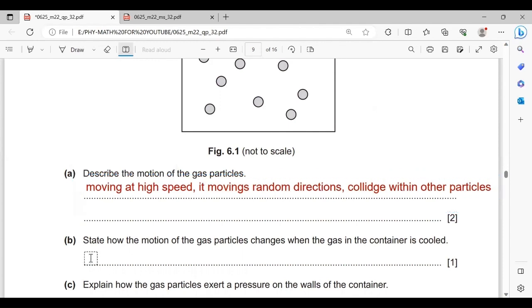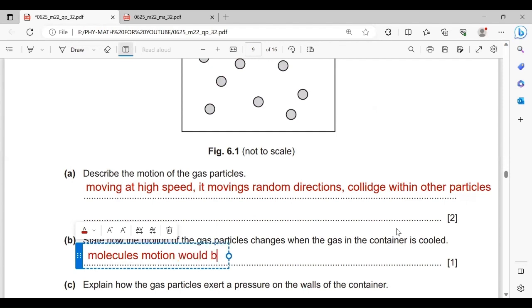Okay, next. B, state how the motion of the gas particles changes when the gas in the container is cooled. Okay, so B, the molecules' motion would be slower, gradually.